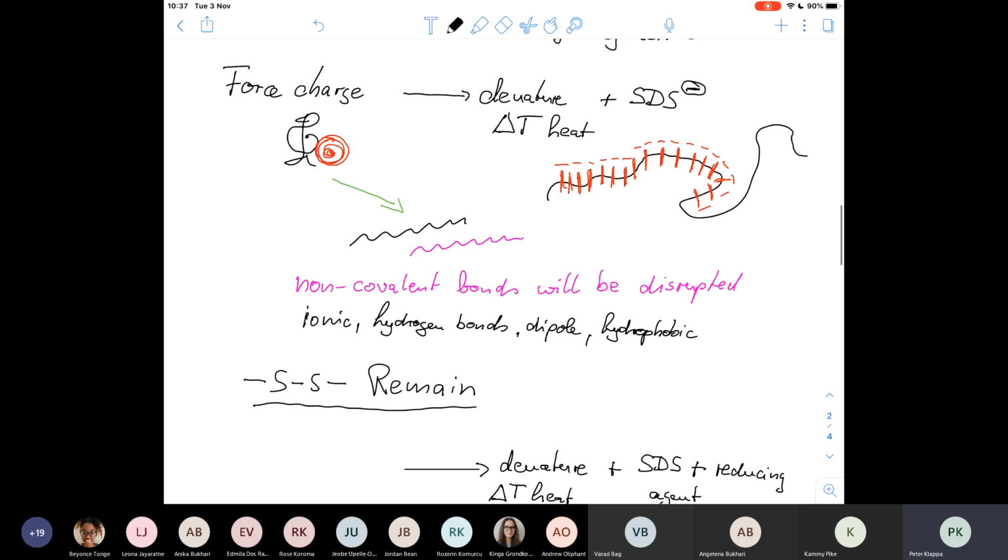What we do when we just use SDS, we break inter- and intramolecular interactions.